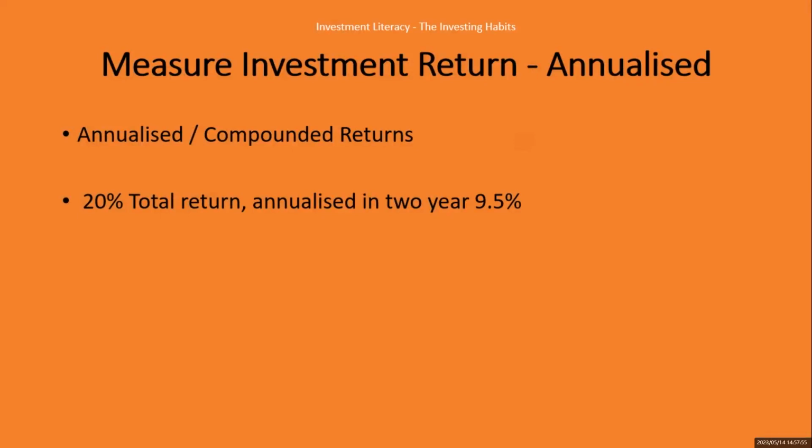Next is the annualized return, which people sometimes call the compounded return. Your total return of 20%, if we were to annualize it over 2 years, would become 9.5%.